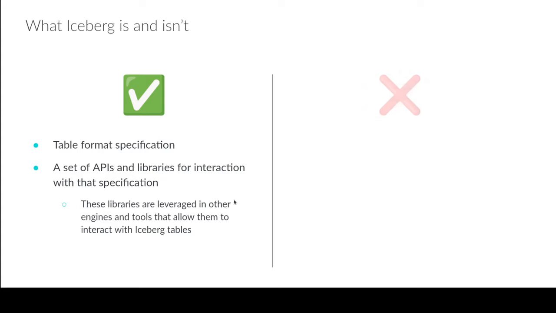Okay. Now, what Iceberg isn't is a storage engine. You do not store your data in Iceberg. You store your data in your data lake, in your data lake house. Typically that's probably going to be object storage, but it doesn't have to be. And that's one of the beautiful things about Iceberg, that it breaks itself away from that Hive file format.